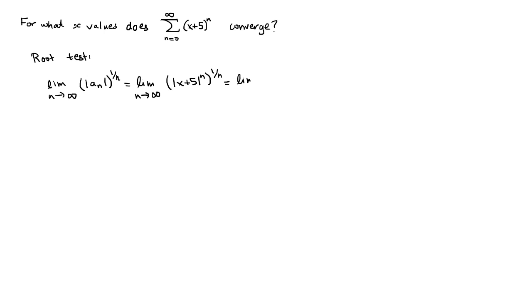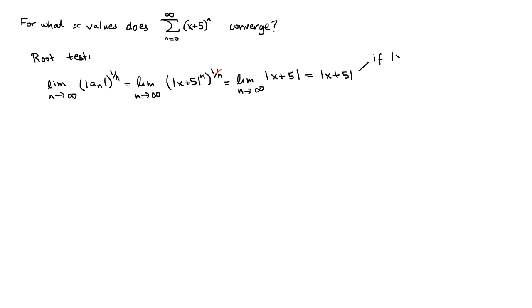Okay, so this is the limit as n goes to infinity of the absolute value of x plus 5, because the nth power and the 1/nth power cancel each other out. Alright, so we end up with just the limit of the absolute value of x plus 5.